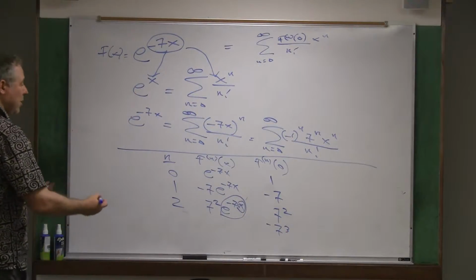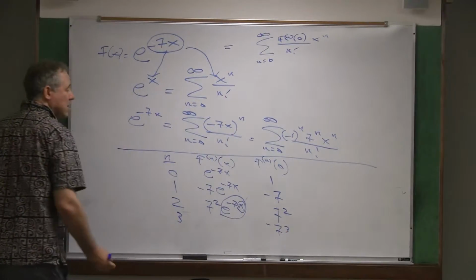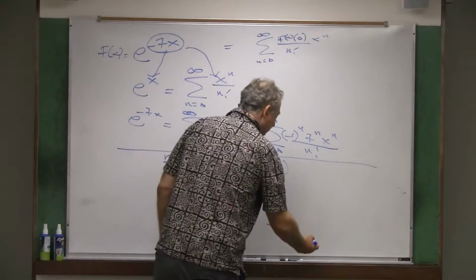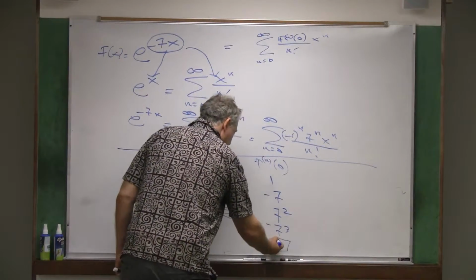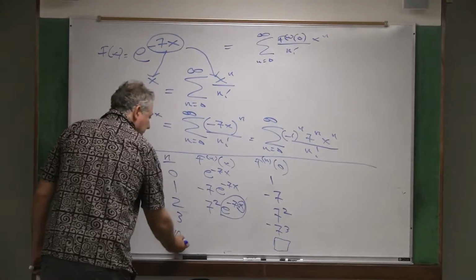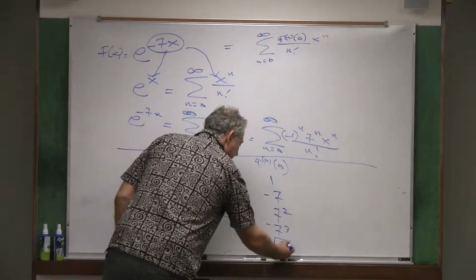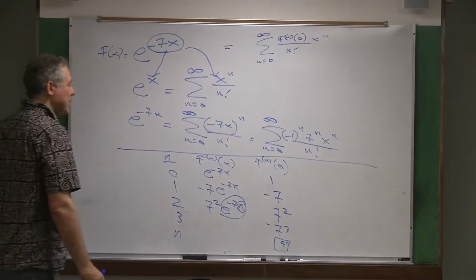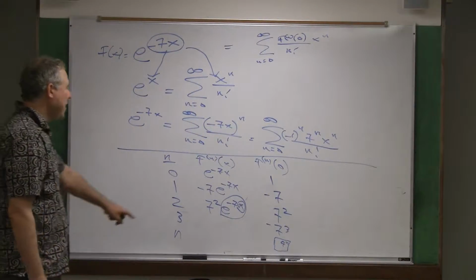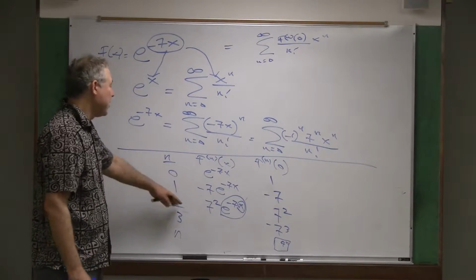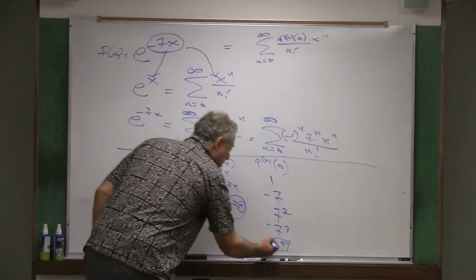So when you go to the box, you can see that when it's an n, you're going to have a 7 to the n. And when it's a 3, it's negative. When it's 1, it's negative. When it's 2, it's positive. So you've got a minus 1 to the n.